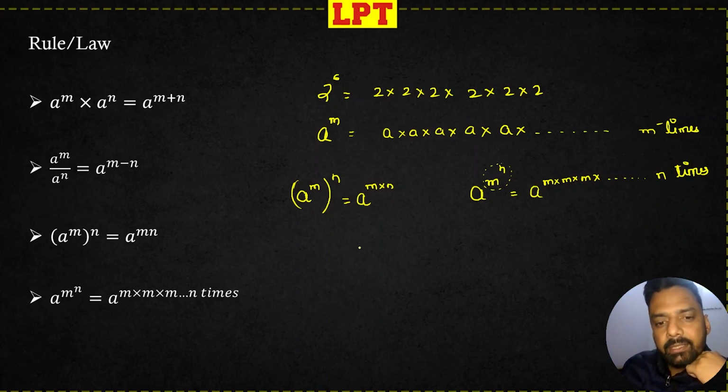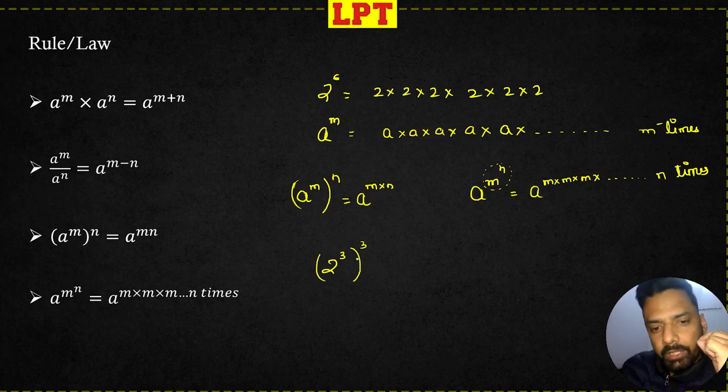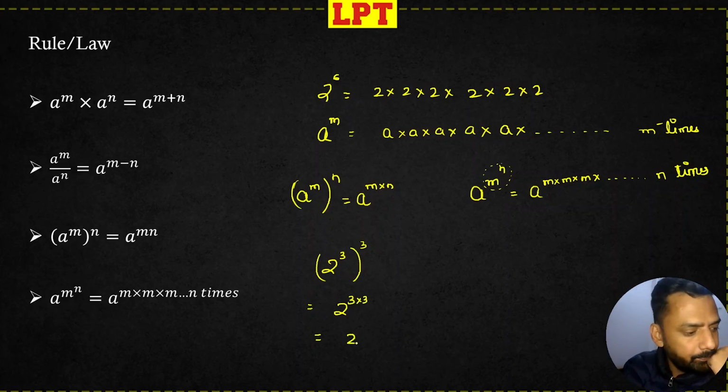Let's understand with an example. Suppose I take the number 2 to the power 3 to the power 3, right? If we solve this, I will be getting 2 to the power 3 into 3, which is 9, right?